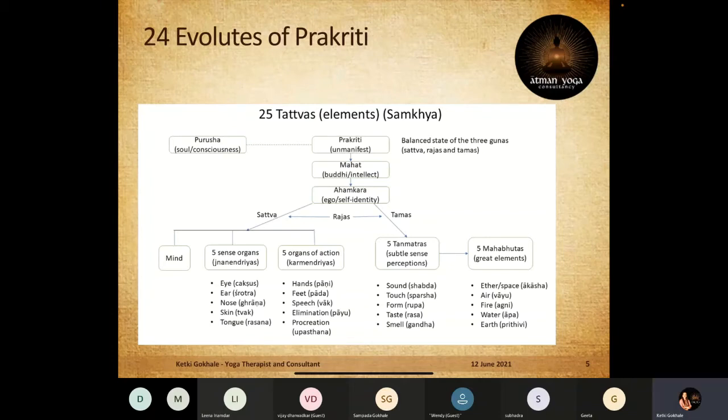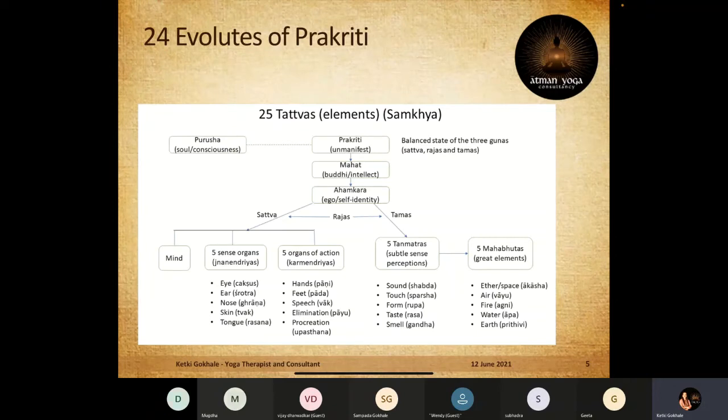So yet it has not identified with anything. It is just the individualization, yet it is in a pure form. That is the universal aspect called mahat. When it comes to the individual intellect, it is called buddhi.